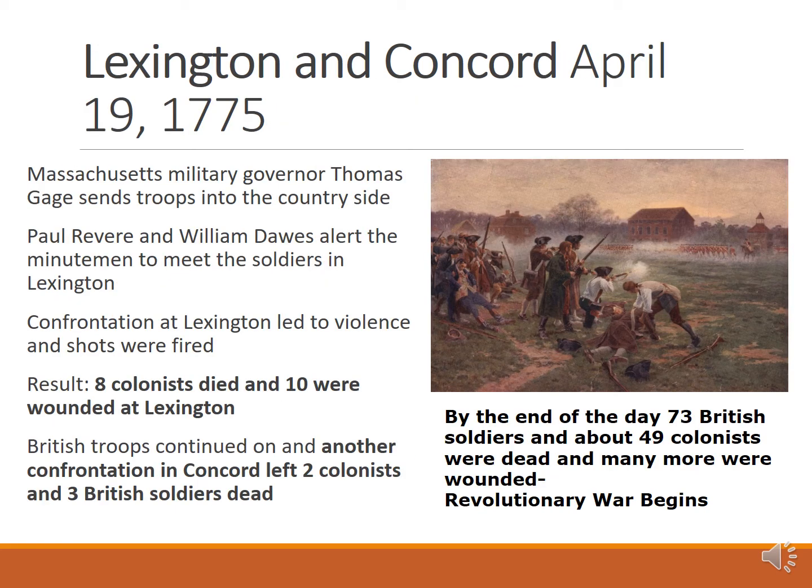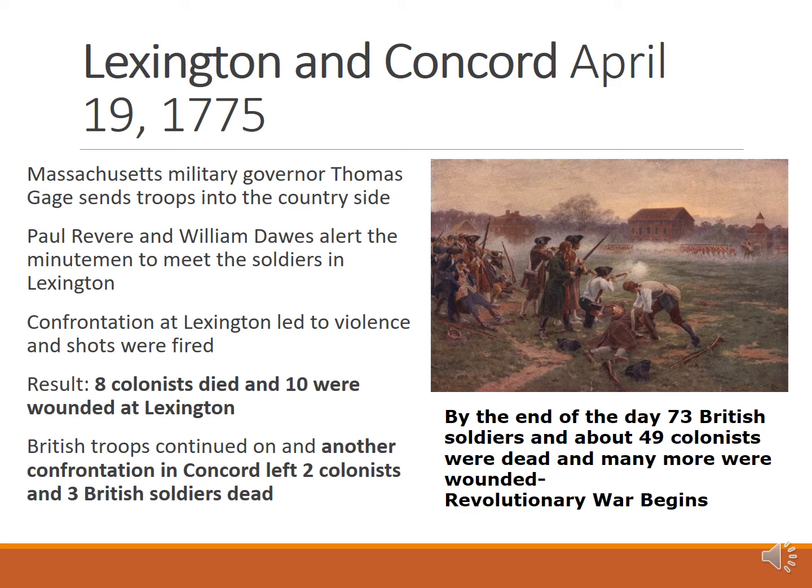Okay, so the Continental Congress had made this Declaration of Rights. They had proposed this limited boycott, and they were going to reconvene again in May. However, they will never reconvene because Lexington and Concord is going to take place in April of 1775.